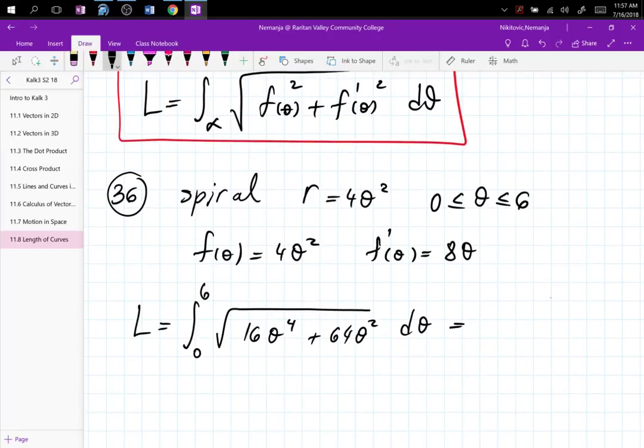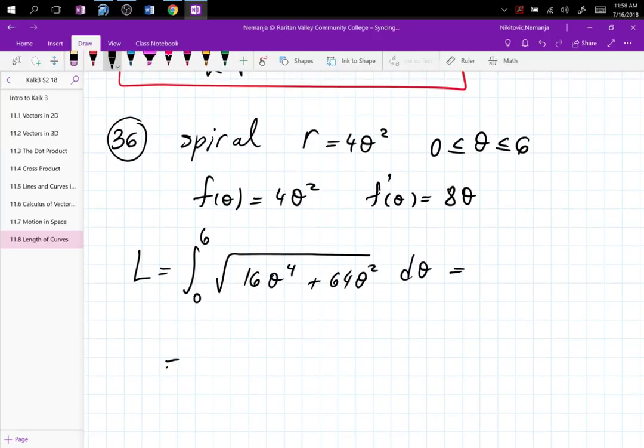We can factor out 16 theta squared, so that's going to give us the integral from 0 to 6. When I factor out 16 theta squared, I get 4 theta outside of the square root. I get 1 plus 4, theta squared plus 4, d theta.